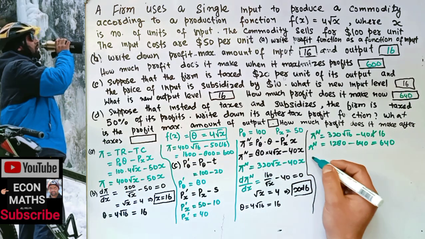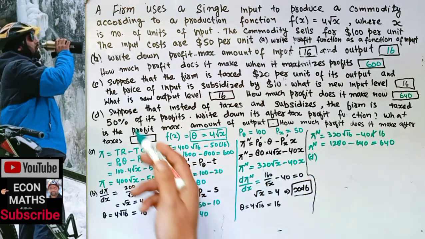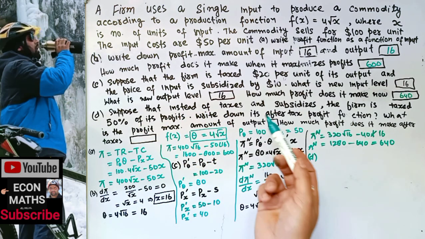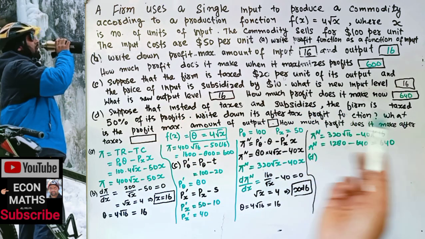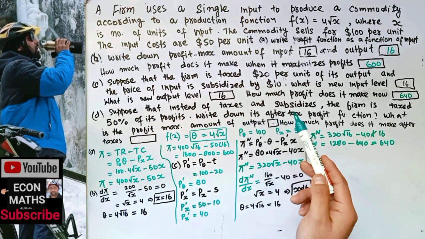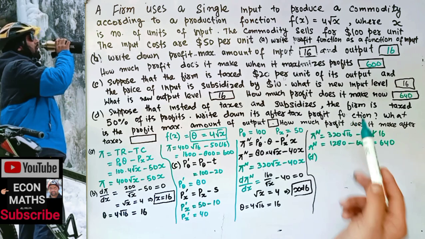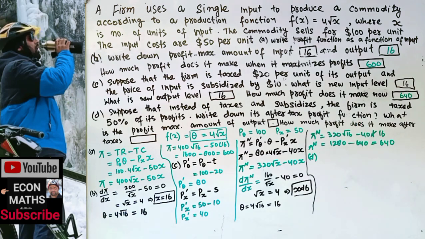Now the last part tells us, suppose that instead of taxes and subsidies, the firm is taxed 50% of its profit. Write down its after tax profit function. Initially, this was our profit function.